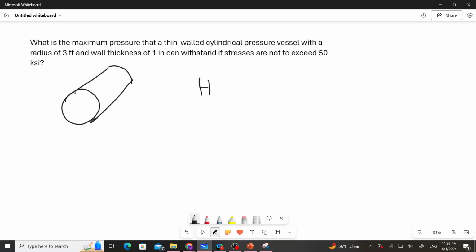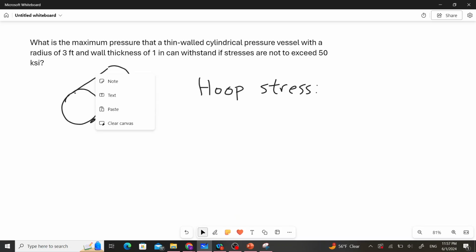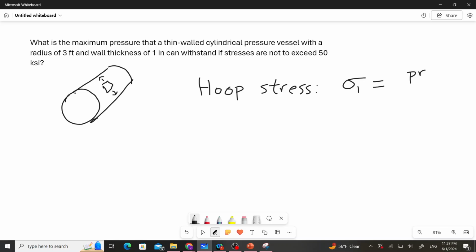Hoop stress is acting, if we were to draw a stress element on our cylinder, in the circumferential direction, and the equation for the hoop stress is sigma 1 equals PR over T.